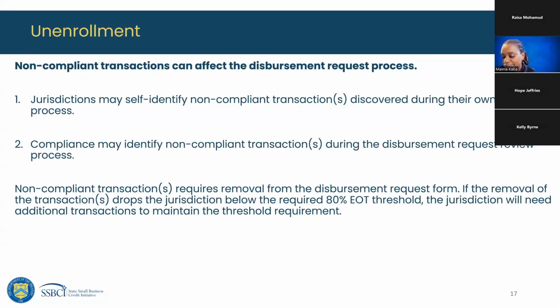But like we always say, like Raisa said, a quarterly review of your SSBCI supported transactions, making sure you do your own sample at a minimum, have a checklist. I think some outreach managers have discussed that in the past. Have a checklist, go through those checklists and see what items may be out of scope with SSBCI compliance. I think that's what I would recommend.